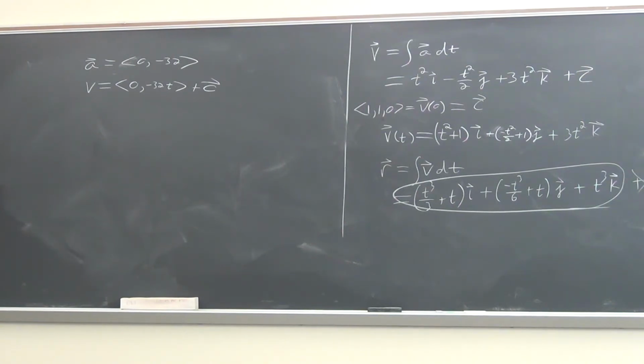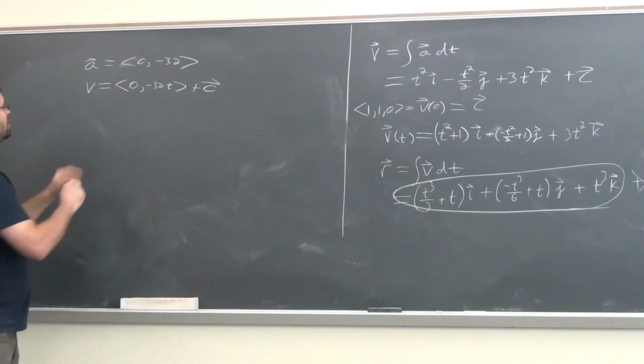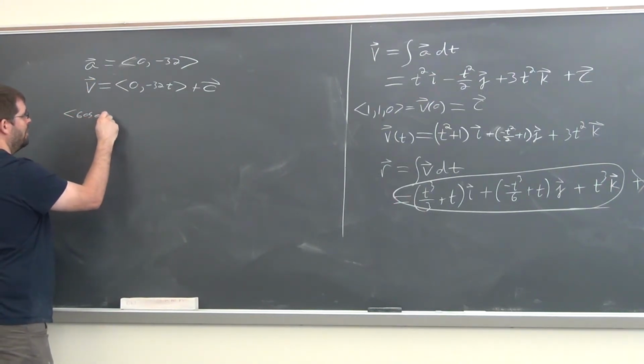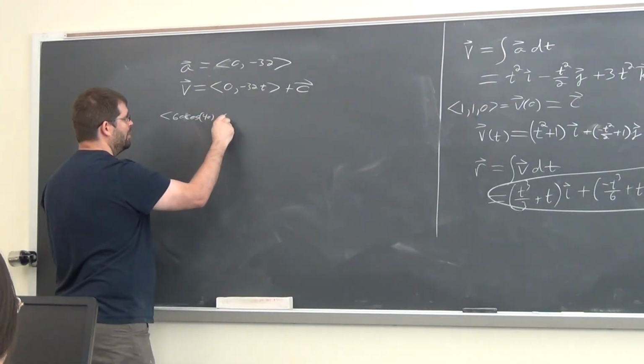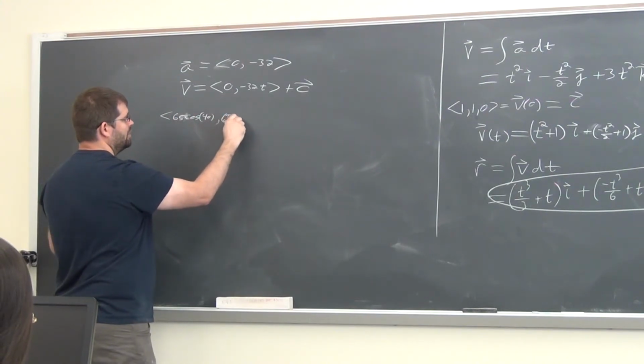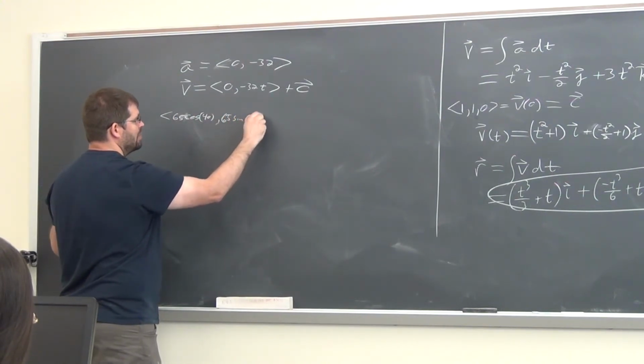And now what is that constant? Well, it should be whatever you get over there. When you plug in 0, the t terms are all gone. So let's write it out: that's 65 cosine of 40, comma, 65 sine of 40.